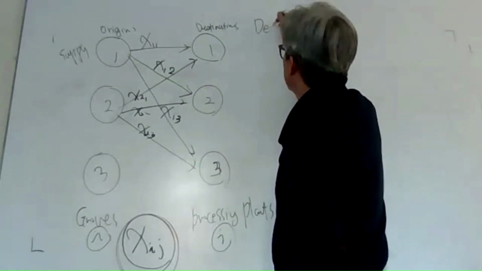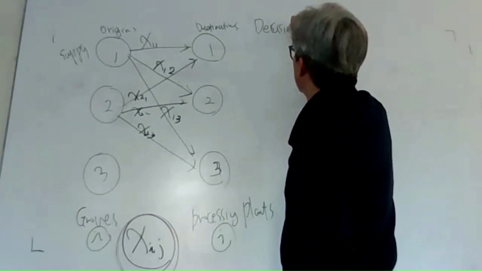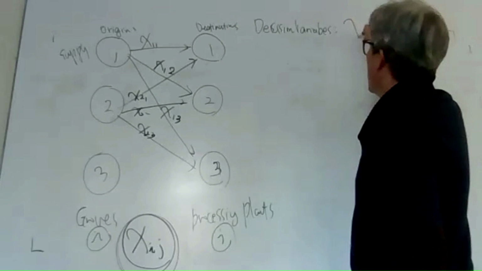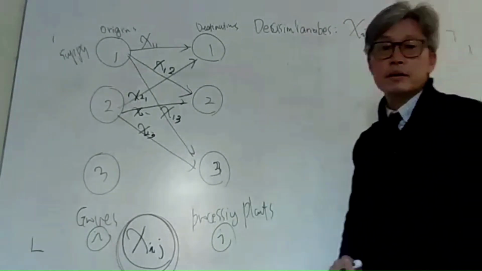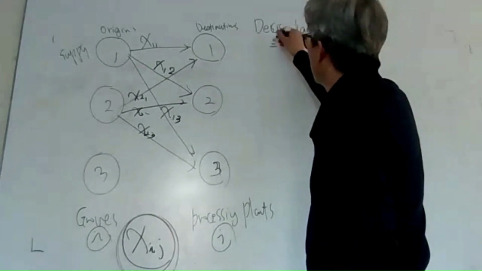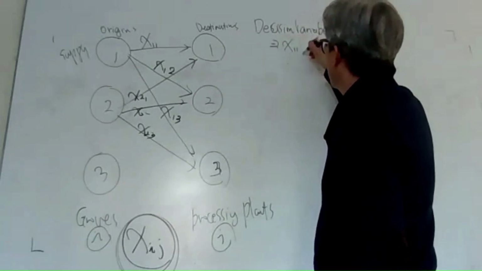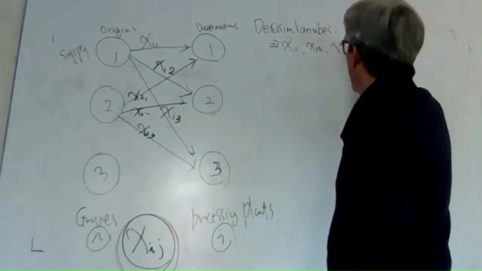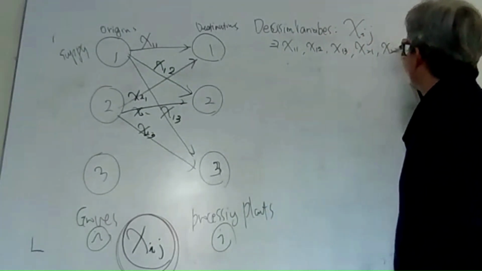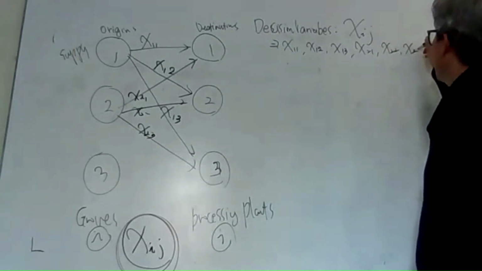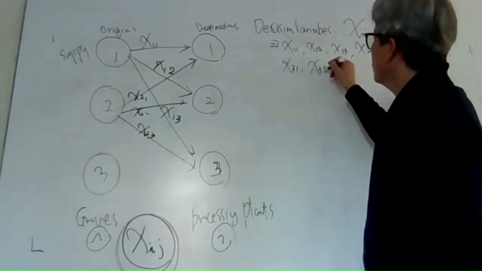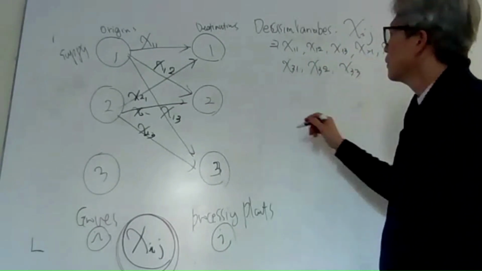Decision variables xij, or x11, x12, x13, x21, x22, x23, x31, x32, x33.